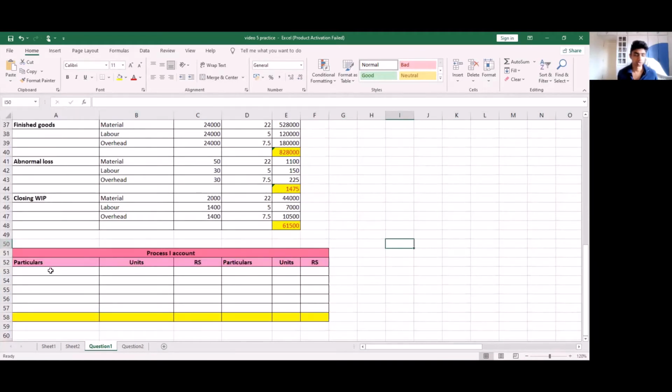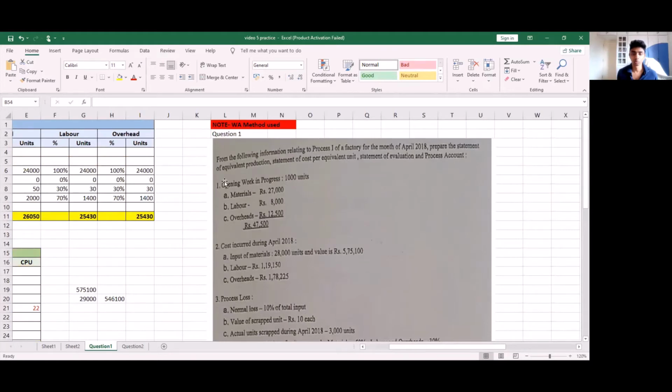So in our process account, our first item we account for is our opening work in progress. Nothing different from our FIFO method. Even in our weighted average method, we will take the units and amount for opening work in progress from our question, which is 1,000 units and a total of 47,500.